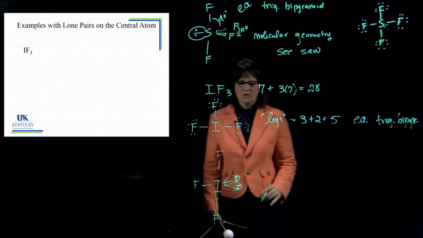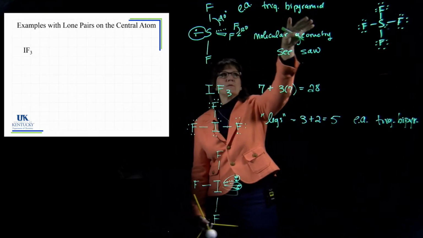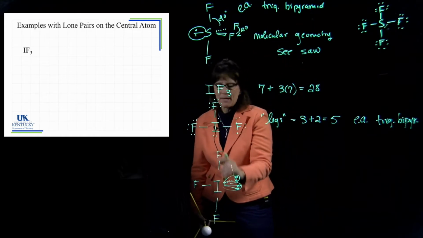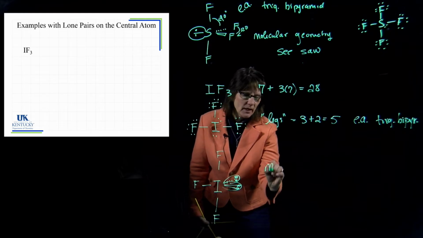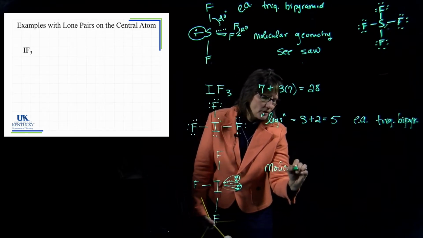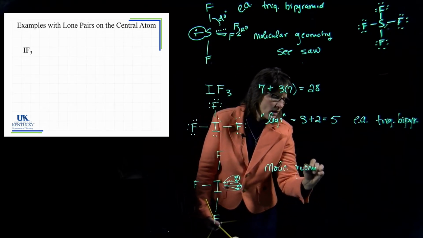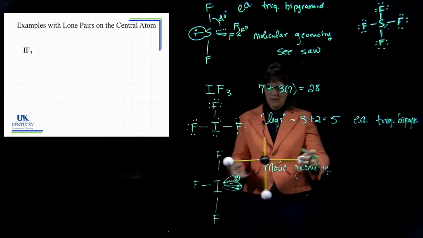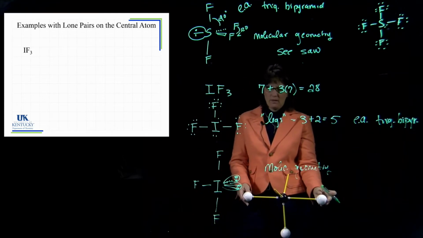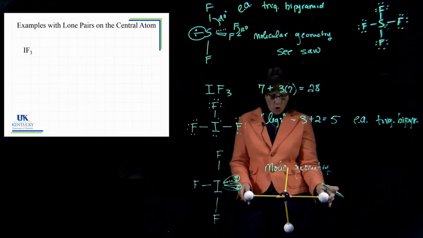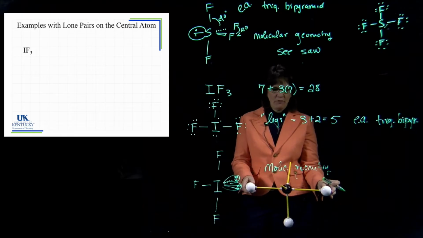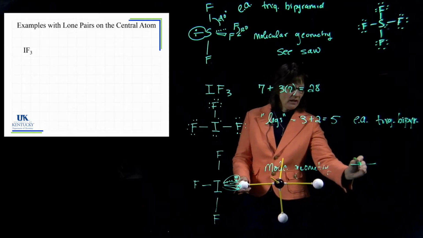So now the electron arrangement is still trigonal bipyramid, but now let's give it a name of the geometry, the molecular geometry. Let's come up with a good name for this guy. Now what they came up with is to think about the alphabet. All right, what letter of the alphabet, if you're only focusing on the atoms themselves, do you see?